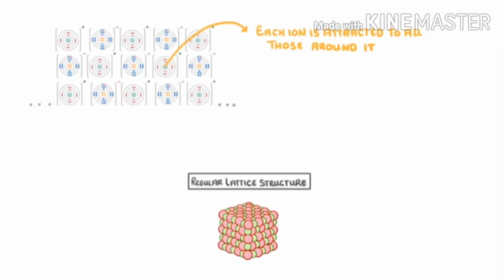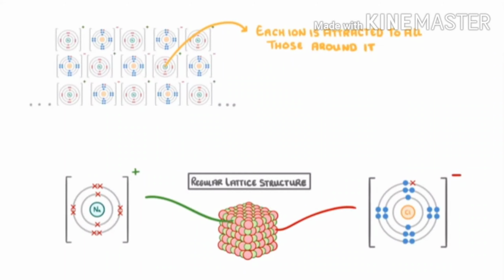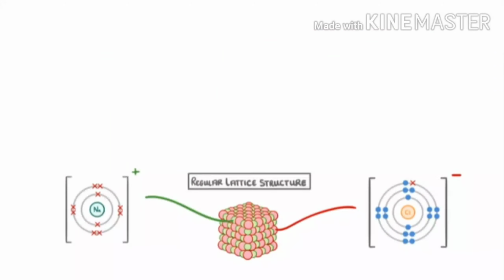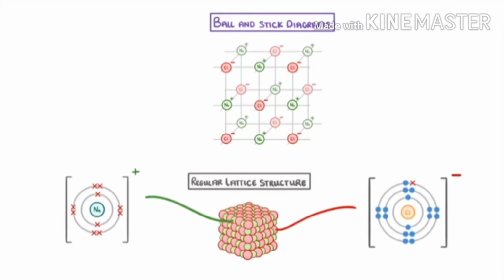For example, in sodium chloride, in this structure, each green color represents a sodium ion and each red color represents a chloride ion, and these layers form a three-dimensional structure due to which there is a strong electrostatic force of attraction.